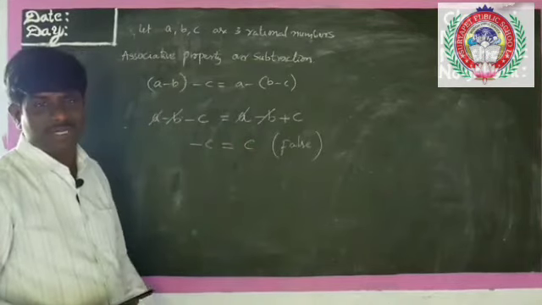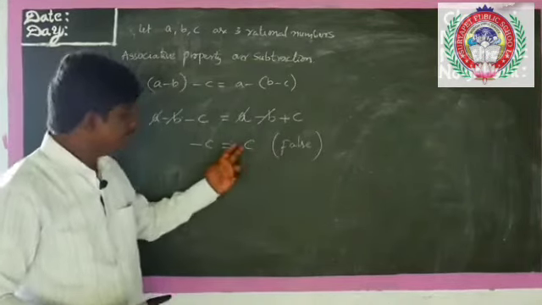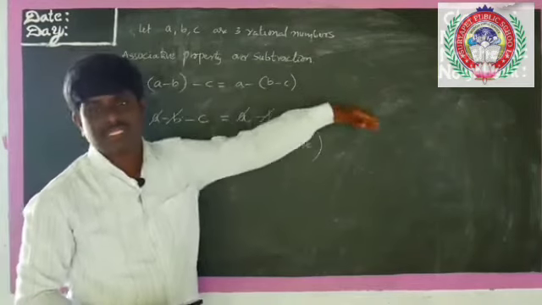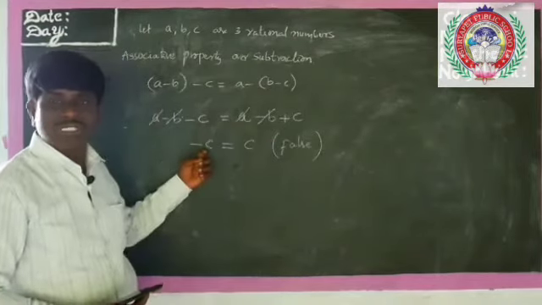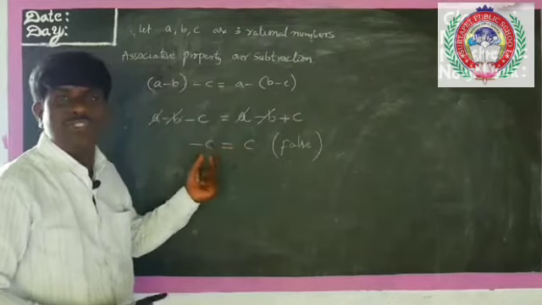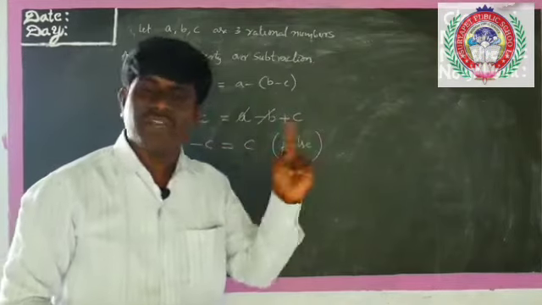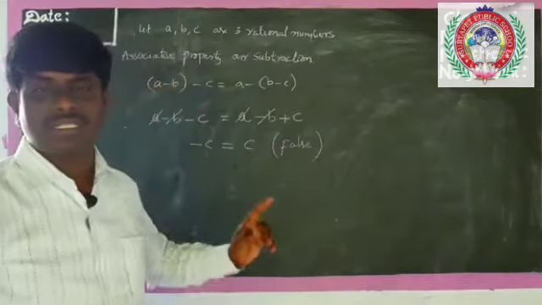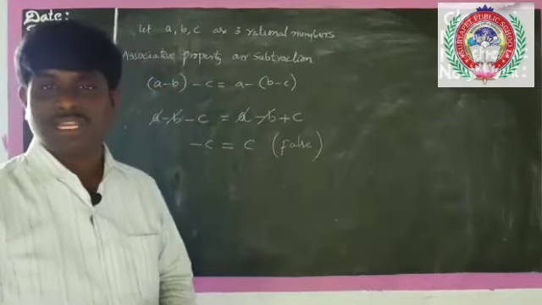Both are different. On the number line, C is on the right side of 0 and negative C is on the left side of 0. It means both numbers represent different positions on the number line, so they are never equal.